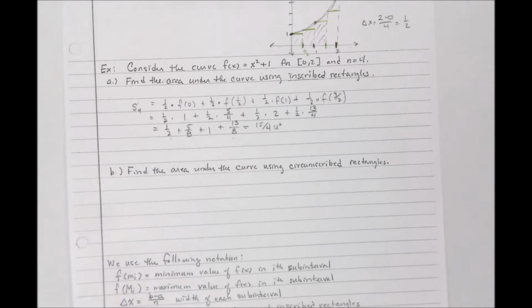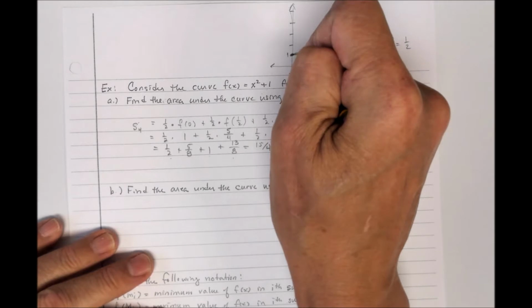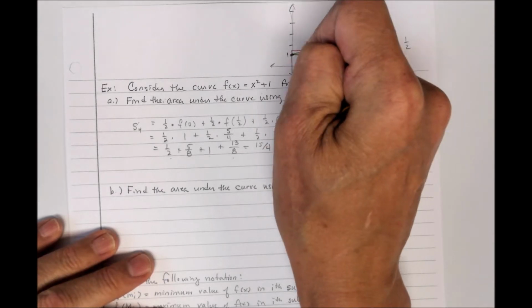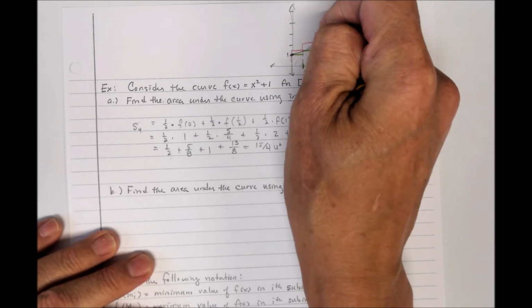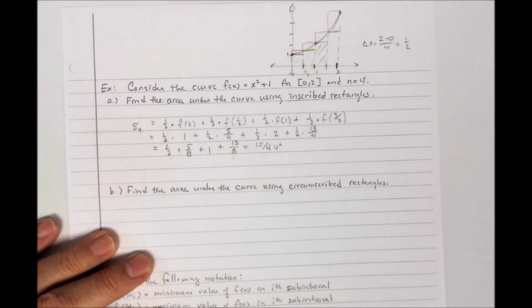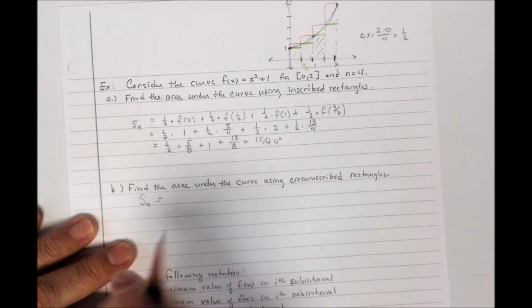Now it says find the area of the curve using circumscribed. Well, let me go back to my diagram here and use a different colored pencil. And so all my y values, my heights, are going to occur at the right endpoints of each of the subintervals. So I'm going to get a very similar looking sum. I'm going to use capital S sub 4 because I'm going to use 4 subintervals.